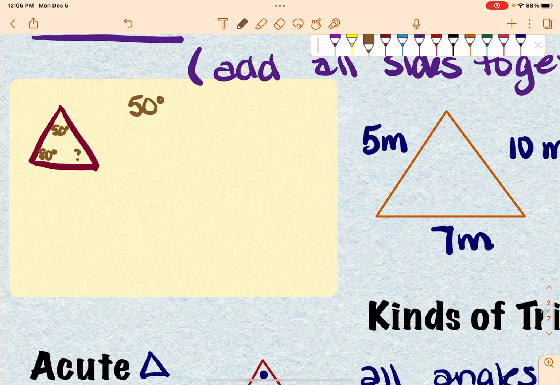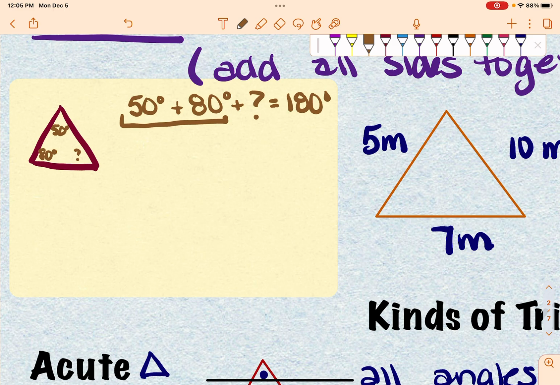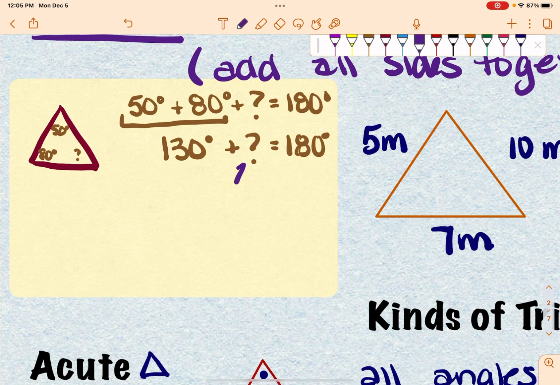So if I add up all three angles together, they should equal 180 degrees. Now, I do know these two I can kind of total up. So those two angles together would be 130 degrees. So 130 plus what gives me 180? That means that this one would have to be 50 degrees. So that would be what your missing angle is. And we'll see some of those in that section.